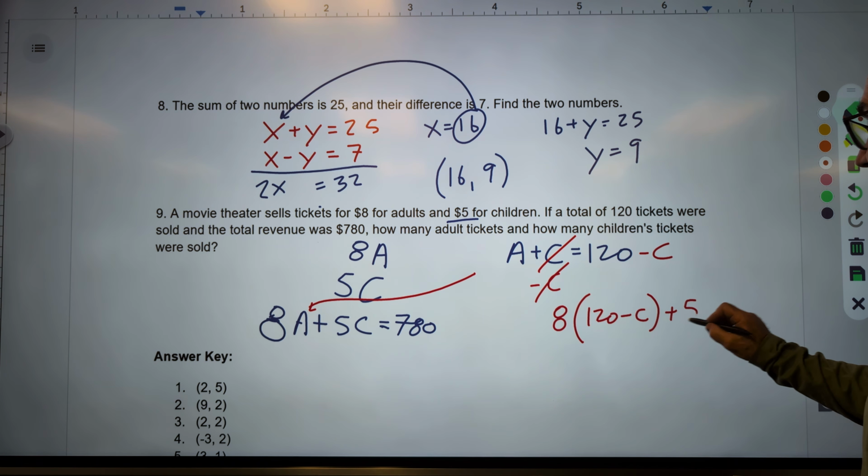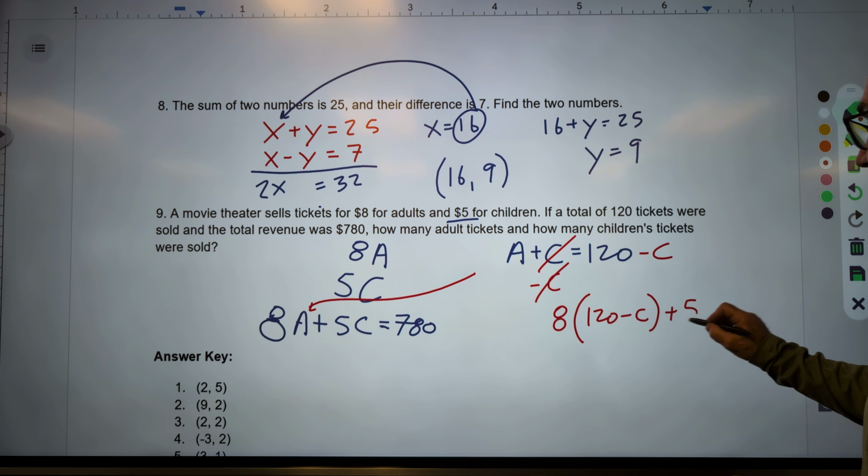Again, I got to distribute here. 960 minus 8C plus 5C equals 780. I'm going to subtract 960 from both sides. 780 minus 960, I think, is negative 180.